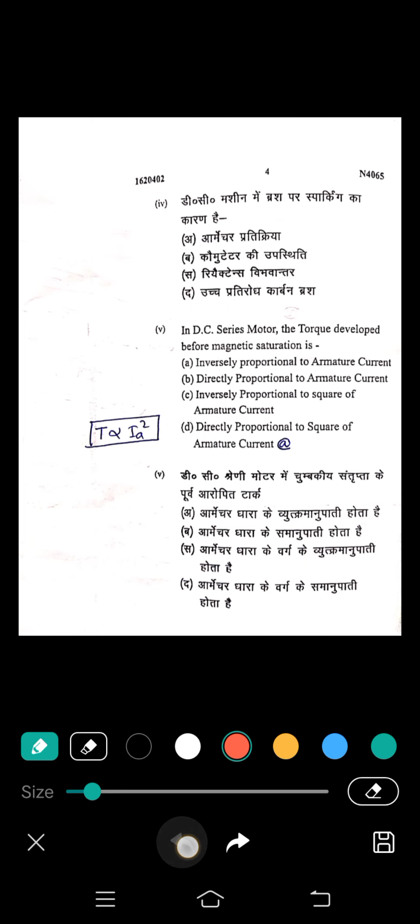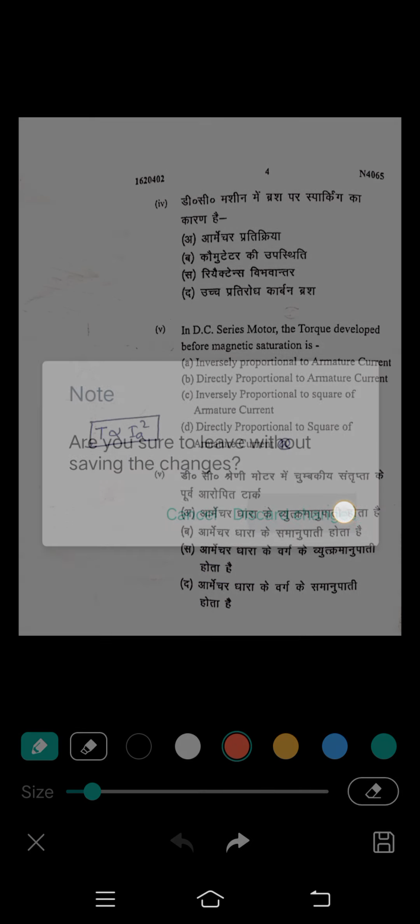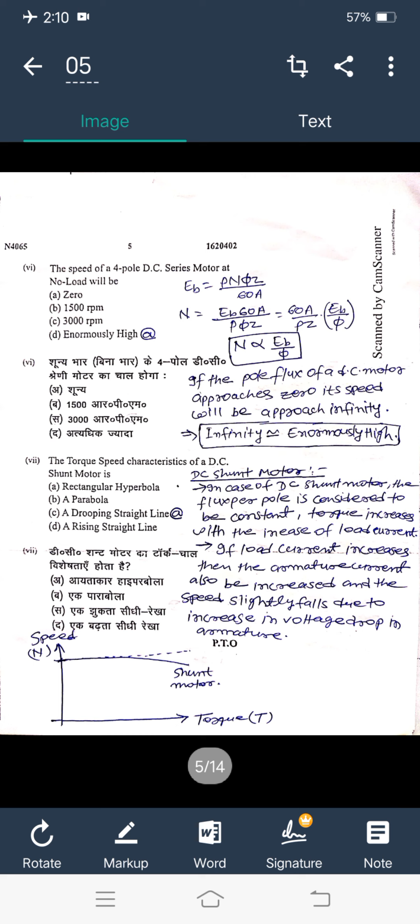Question number 6: the speed of a 4-pole DC series motor at no load will be. This question is very important. Here the no load condition is given.